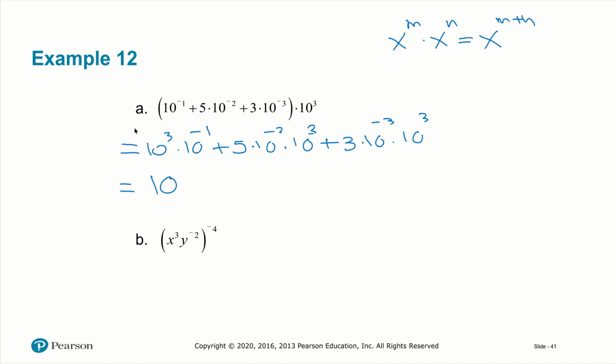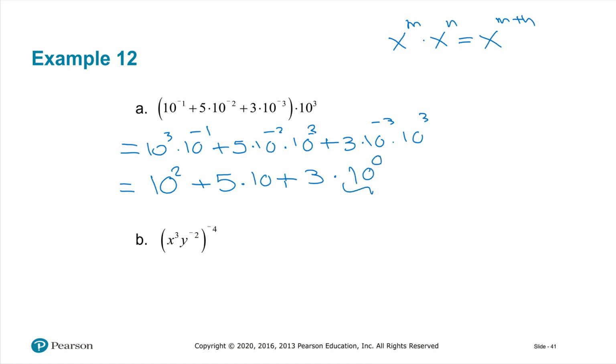3 plus -1, that's just 3 minus 1, which is 2, plus 5 times, now here I have 10 to the -2 times 10 to the 3, so it's going to be 10 to the power of -2 plus 3, which is 1. So 10 to the 1, which is just 10, plus 3 times, now 10 to the -3 times 10 cubed, that's going to be 10 to the power of -3 plus 3, which is what? 0.